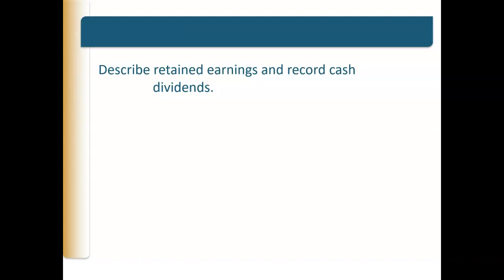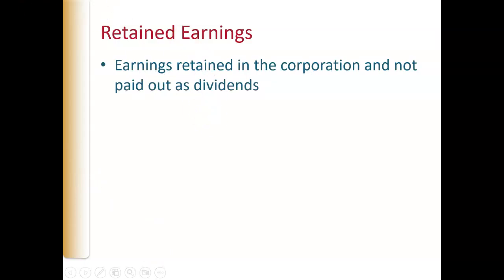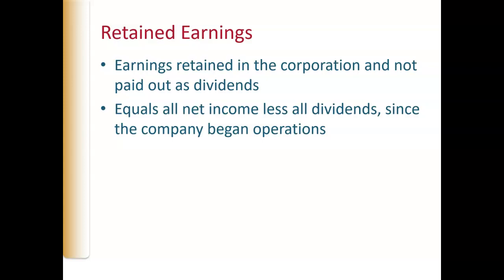Now, when we pay dividends, that's part of the retained earnings section. Retained earnings are all the earnings retained in the corporation and those that have not been paid out as dividends. It should equal all net income minus all dividends since the company began.